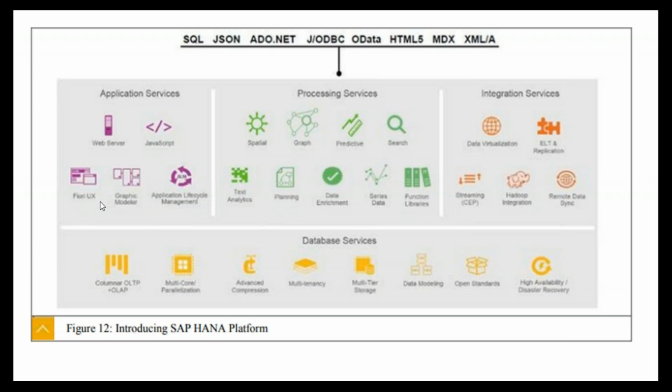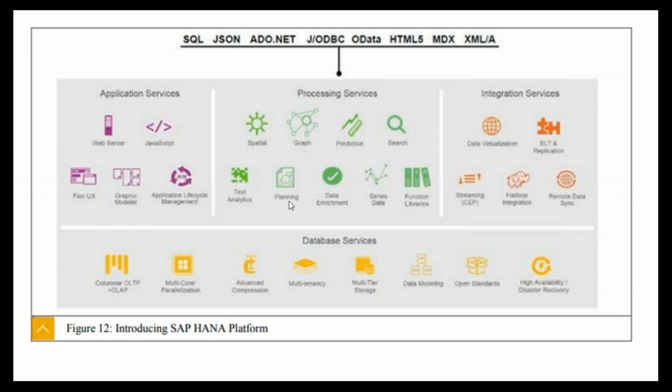We can also place them in the Play Store, and then from there you can access and download them. Some Fiori applications are already available on your Play Store. You can just type Fiori, then you'll get some Fiori applications. But again, you have to log into some server. So that's a different thing. Then we have the graphic modeler and application lifecycle management.